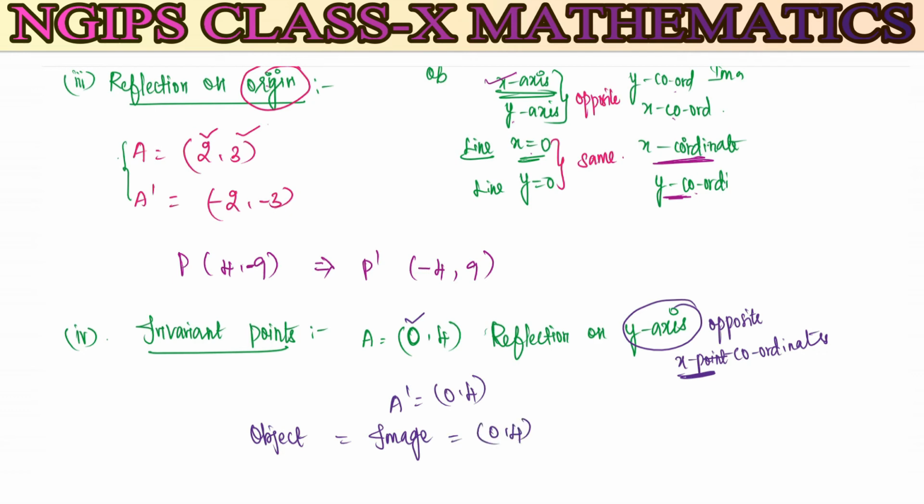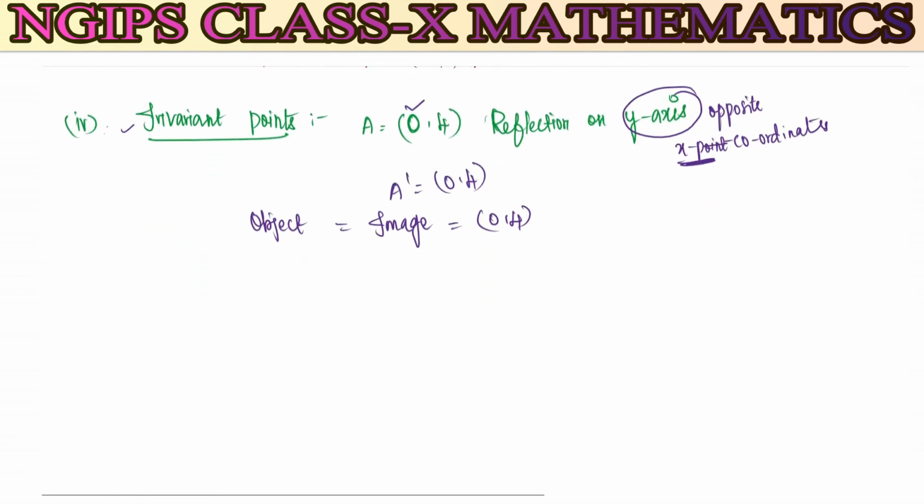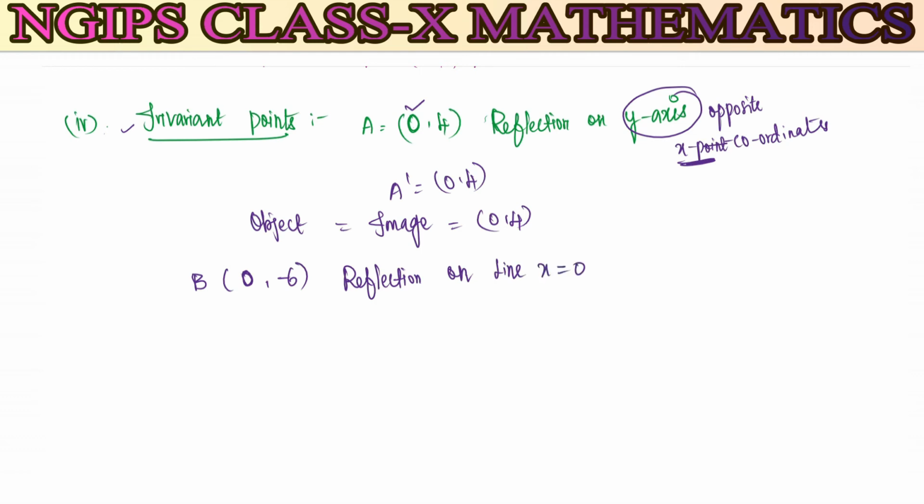Now here I will give one more example. I will take a point B. So B is 0 comma minus 6. Now here reflection on line x is equal to 0. Now very important here, line x is equal to 0. When you have a line, same we need to take.